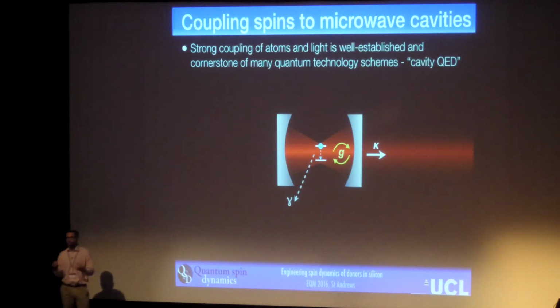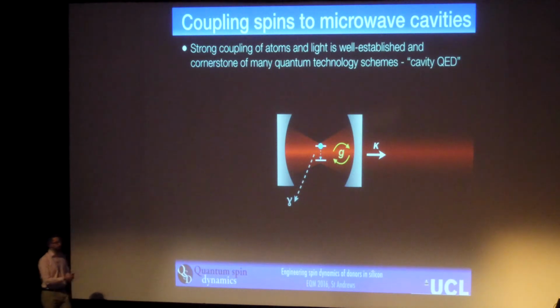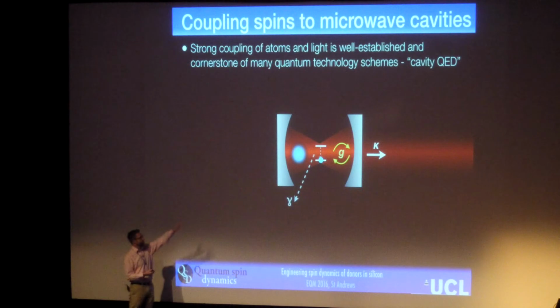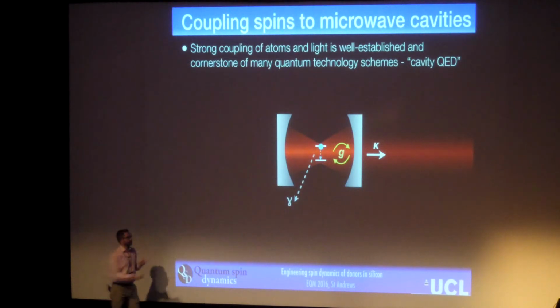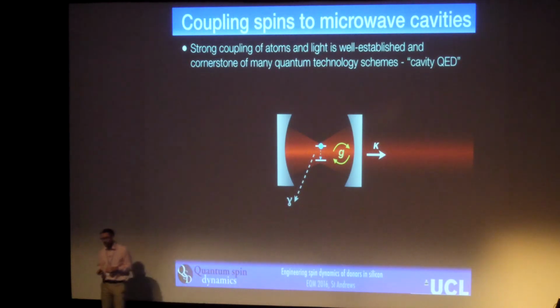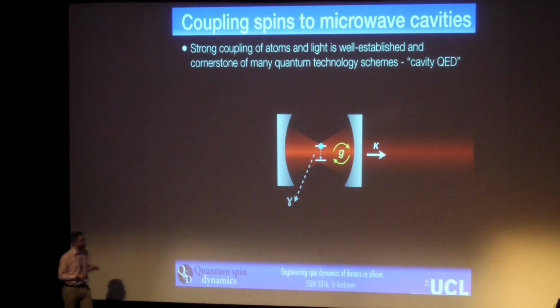So there are various regimes of what we can call strong coupling between the atom and the cavity in this kind of picture. Either we have g, which is much larger than kappa and gamma, which means that any excitation simply oscillates back and forth between the atom and the cavity. That's an interesting regime for certain applications.